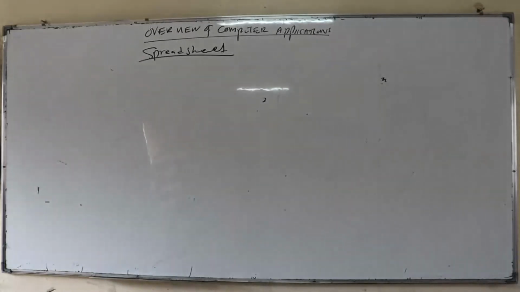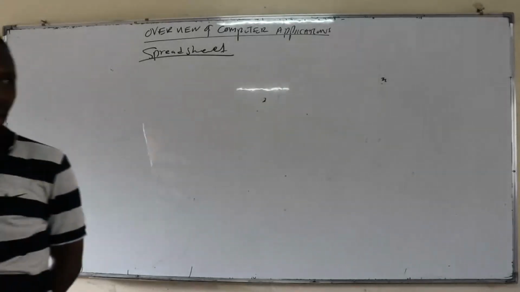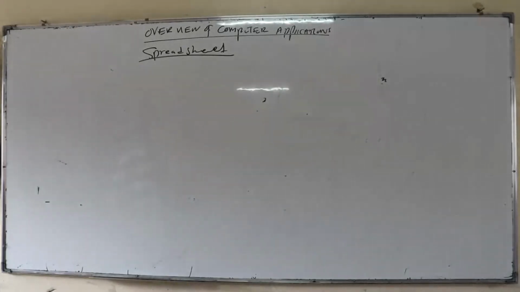You can see that an electronic spreadsheet has automatic built-in functions and formulas for doing calculations, thus enhancing accuracy, speed and efficiency.